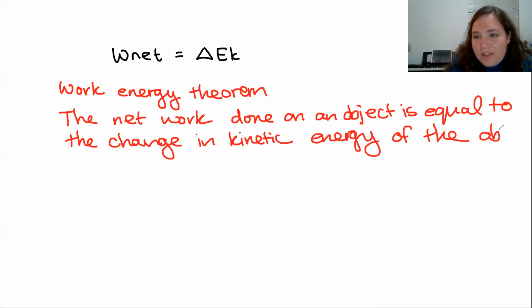And they'll quite often, when they ask you to define it, say it in words, because if they didn't, you could just write that formula, because that's exactly what it is. The net work done on an object is equal to the change in kinetic energy of the object.